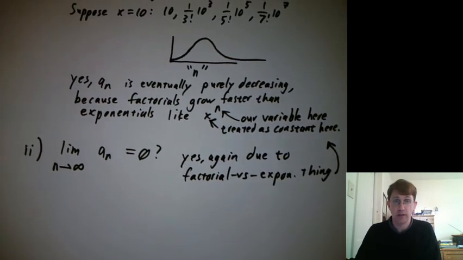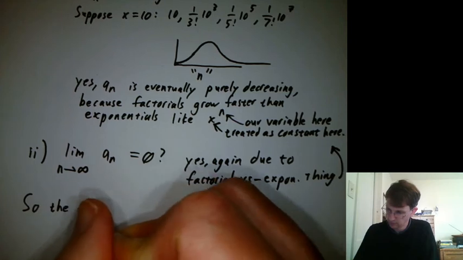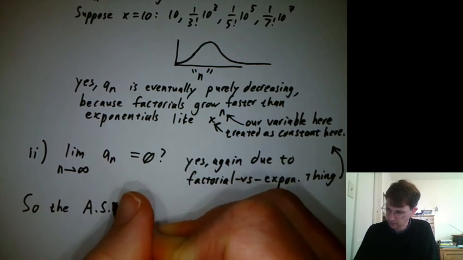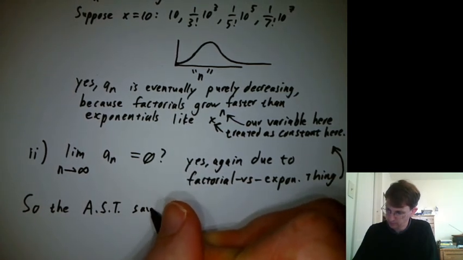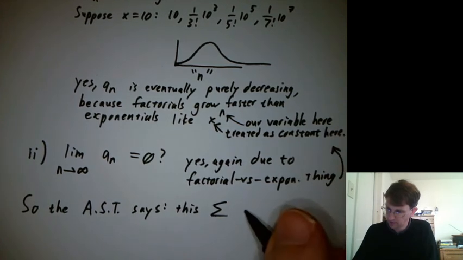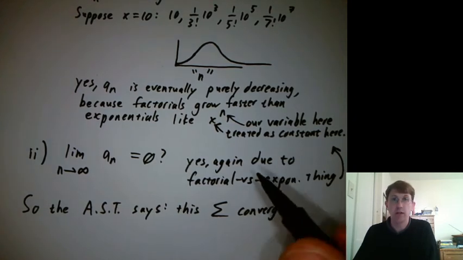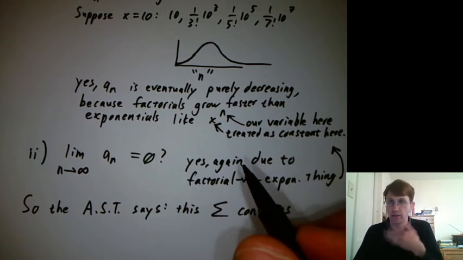So what can we say from the alternating series test? It says this sum converges. And we had checked it at all values of x, at least thought about it.